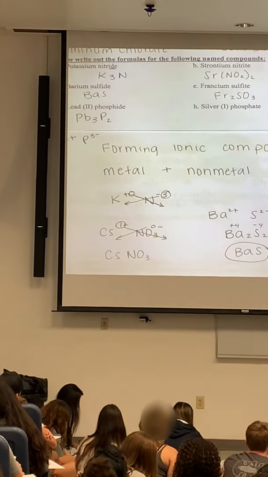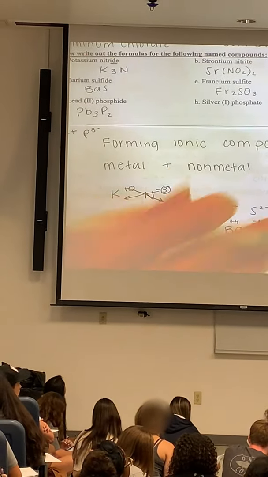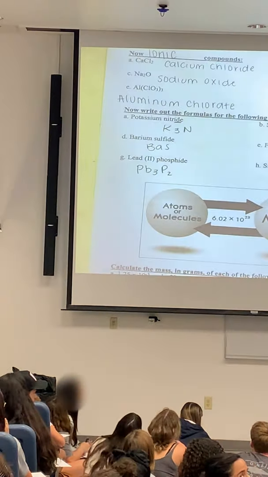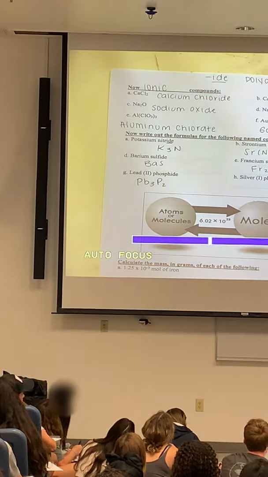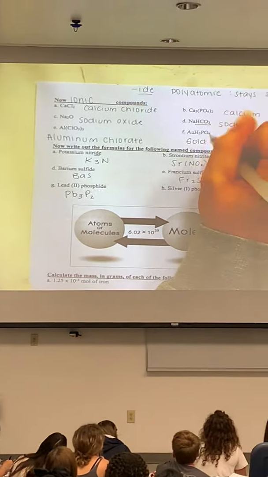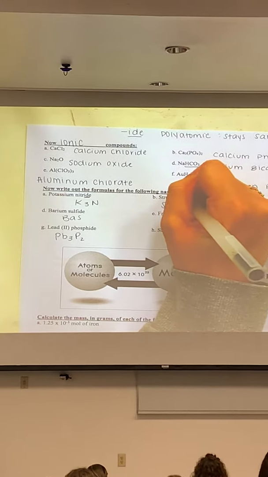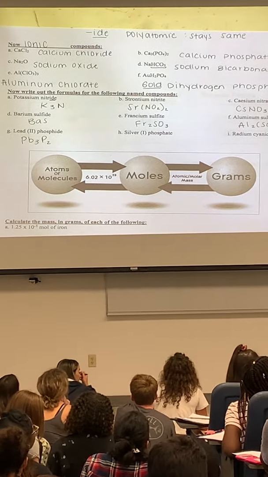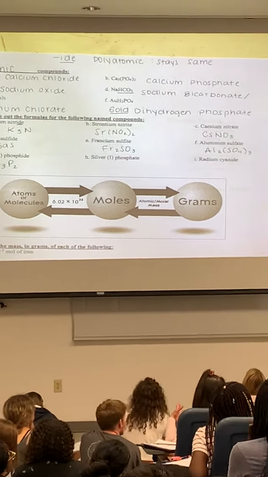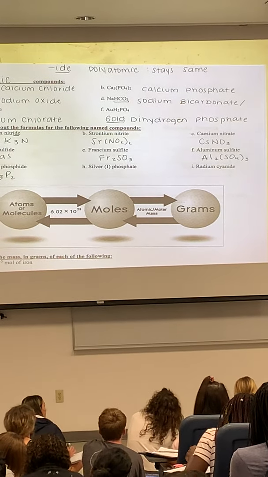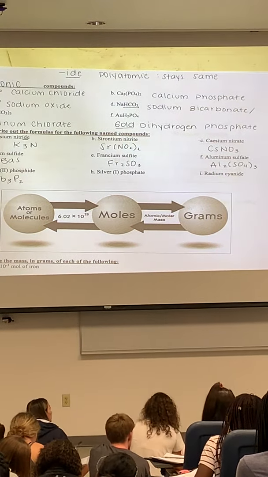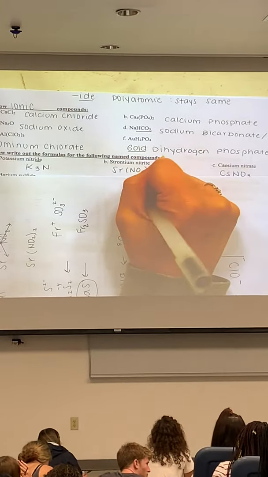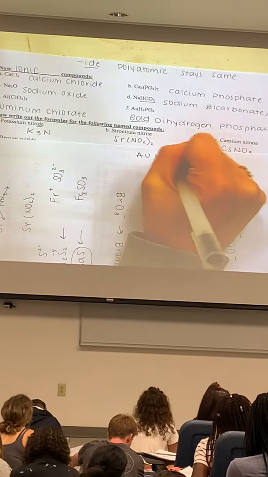And actually, I just remembered a mistake. We named these compounds previously. Do you guys see anything wrong with any of the ionic compound names that we wrote down? So I forgot that gold is a transition metal. If you have a transition metal, when you name the compound, you need Roman numerals. So what is the charge of gold in this compound? So we have Au H2PO4.